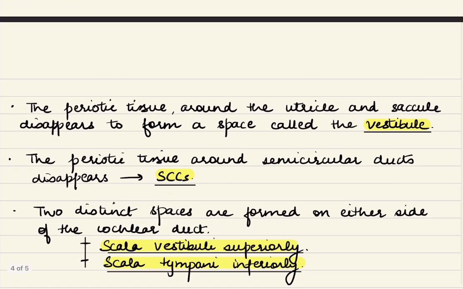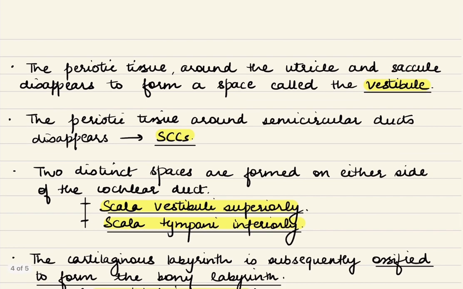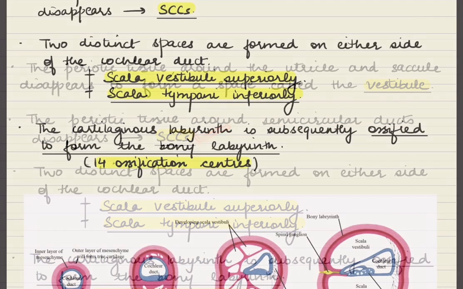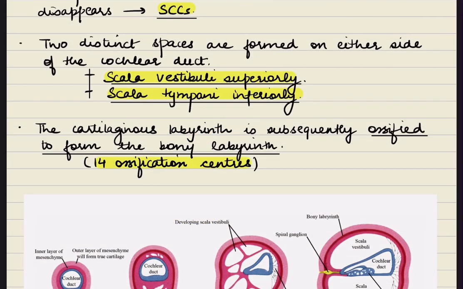If the tissue surrounding the utricle and saccule resorbs, the space that is formed is known as the vestibule. The tissue surrounding the semicircular ducts resorbing leads to the development of semicircular canals. Now, on either side of the cochlear duct, there are two spaces formed, and they are known as scala vestibuli and scala tympani.